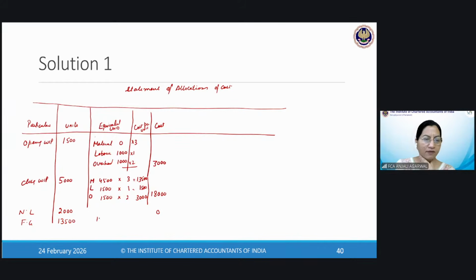I can combine 13,500 into 6, 81,000. Then there is abnormal gain, which is again 2,000 units. And 2,000 can also be combined into 6 because it is 100% complete as far as material, labor, overhead. So 3 plus 1 plus 2, 6, 12,000.